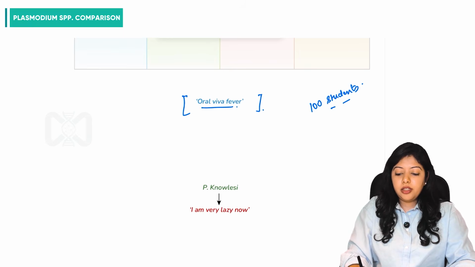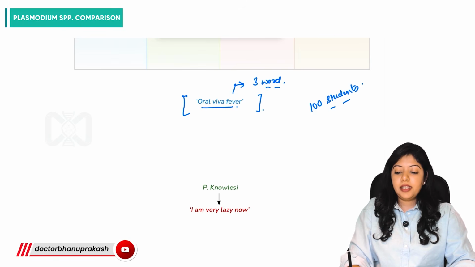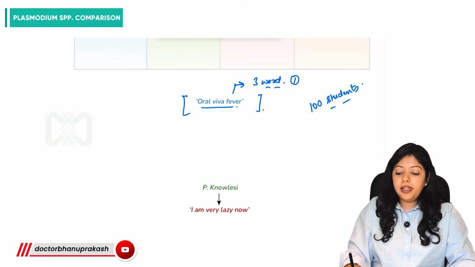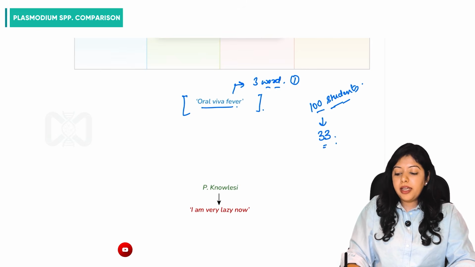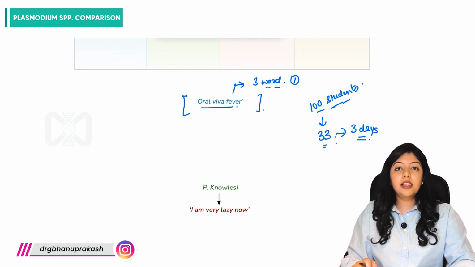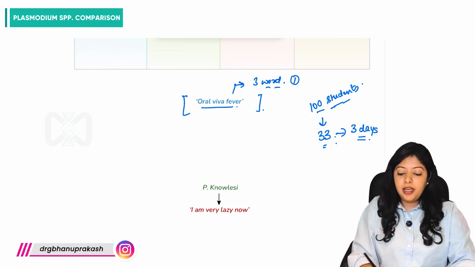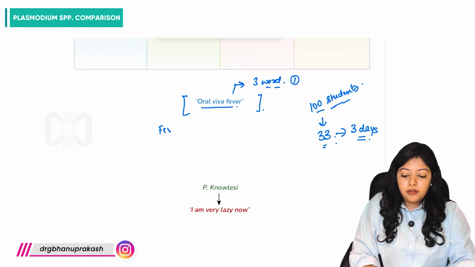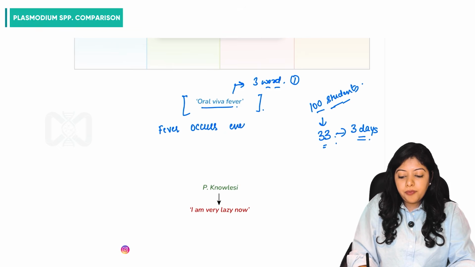So this is a 3-word mnemonic, firstly. Secondly, we divide a batch of 100 students into 33, as we say, so it takes 3 days for the viva to finish off, right? So when does this fever occur? Fever occurs every third day.